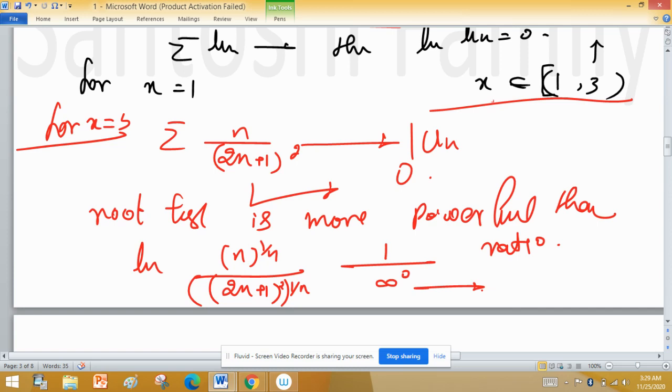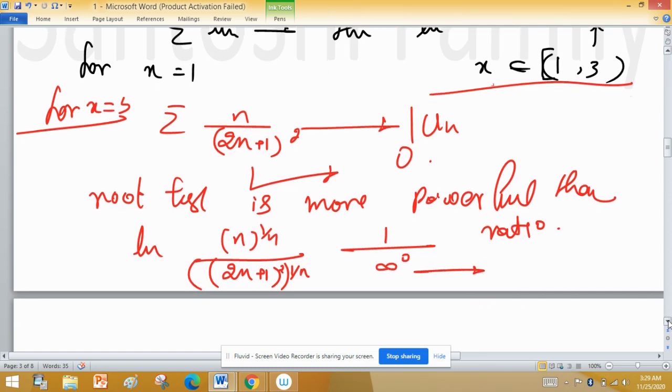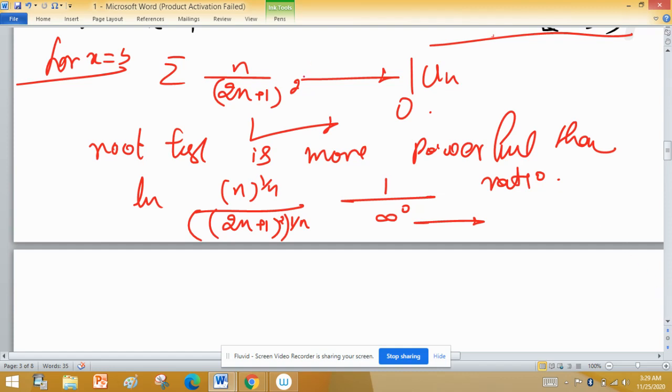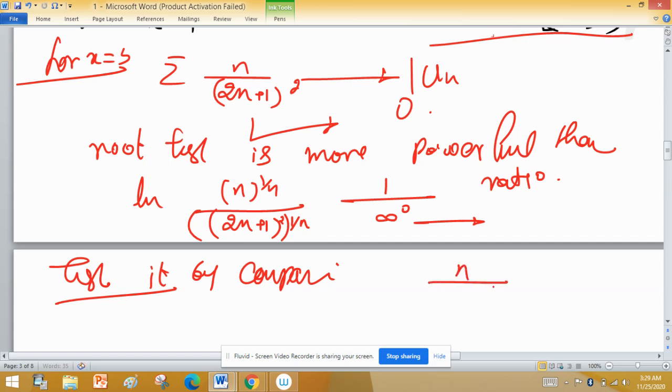I leave this one because I want to escape from this indeterminate form. So I can test it by the comparison test. It seems easy for this series, summation (2n plus 1) square, because it is very convenient.